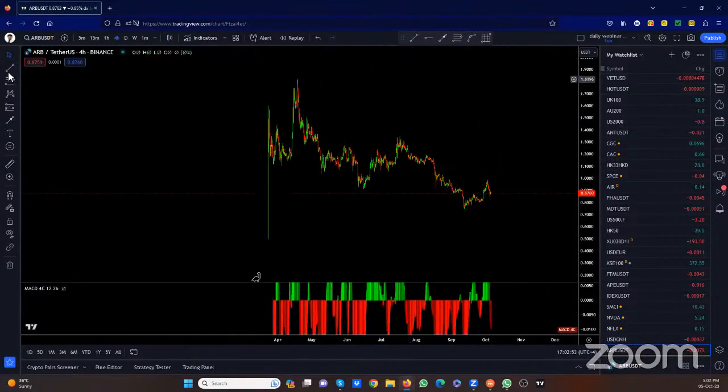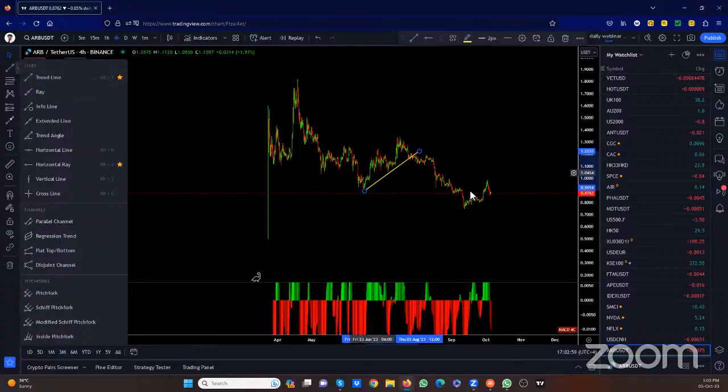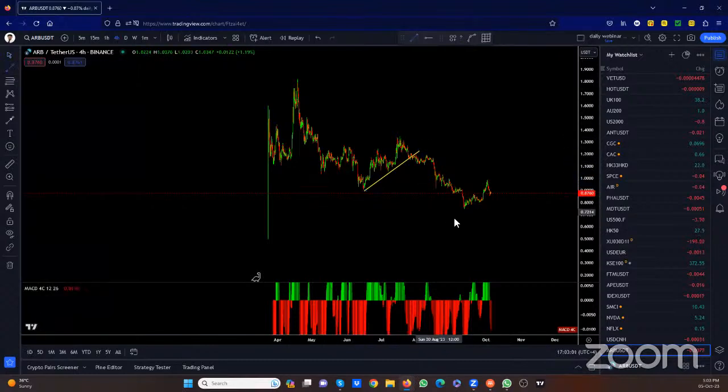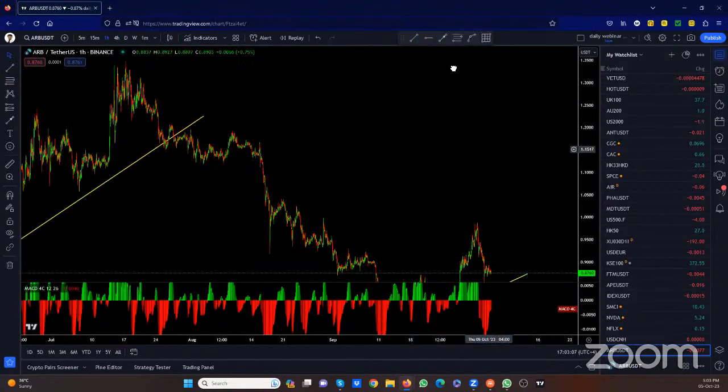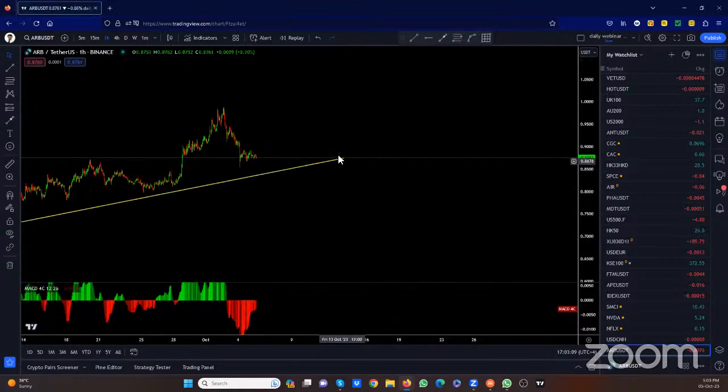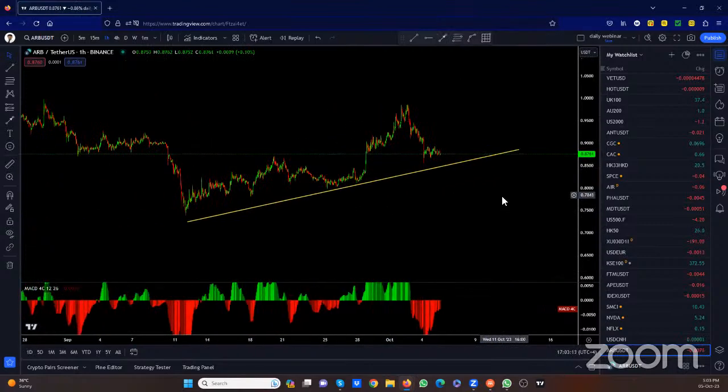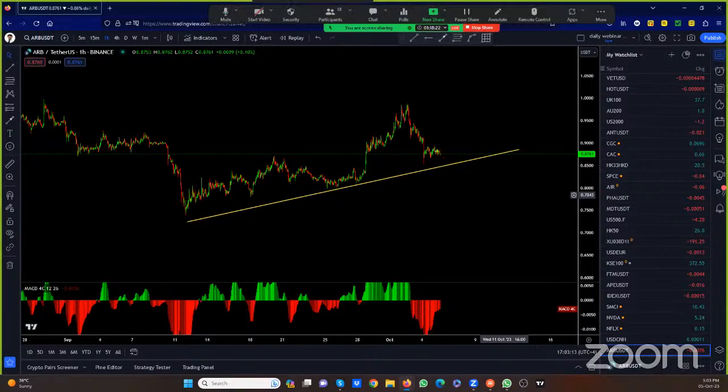This is gonna go lower. You're actually getting a flag here for the downside. See, this is kind of making a correction, not a flag, it's making a correction here.